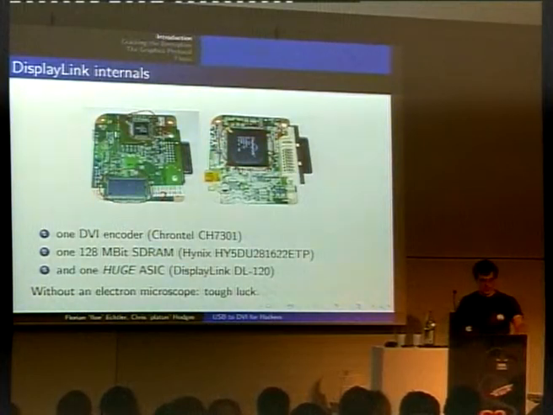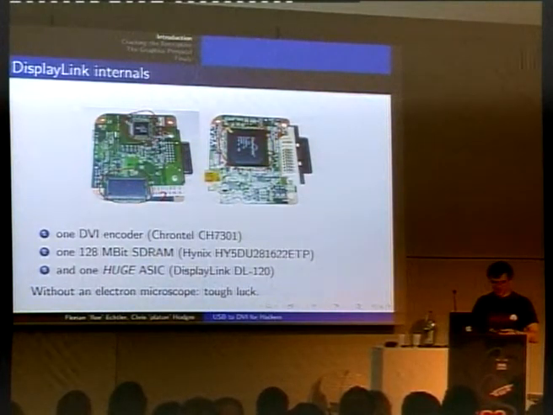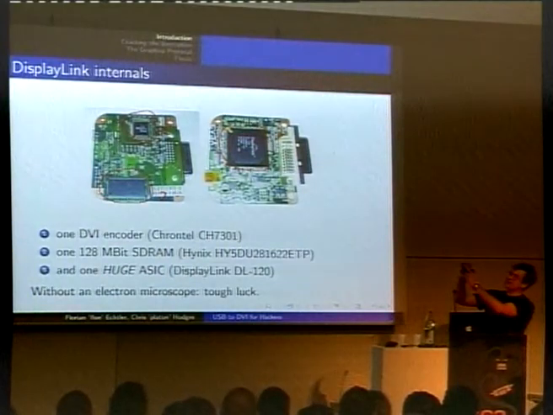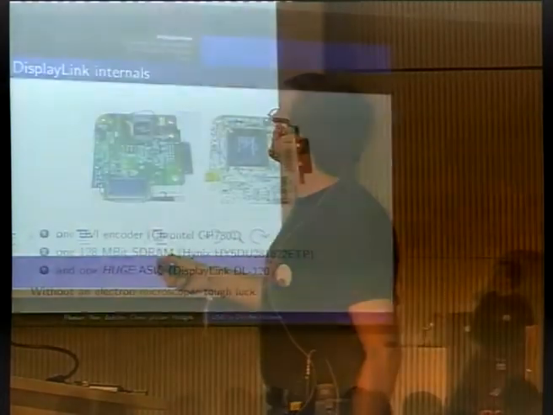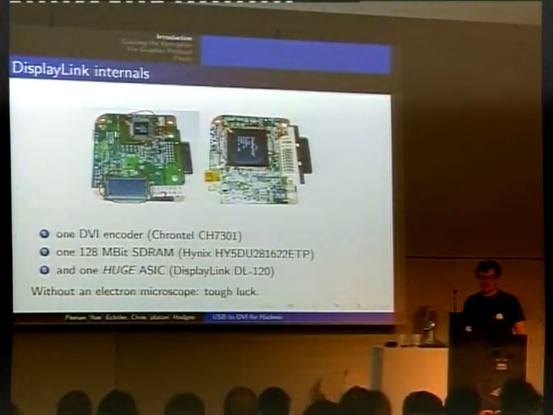So, of course, we cracked the device open and had a look inside and found exactly 3 chips. One really, really big ASIC, which you can probably see here if you look hard enough, which is this one, and besides that just a DVI encoder and DDR RAM.